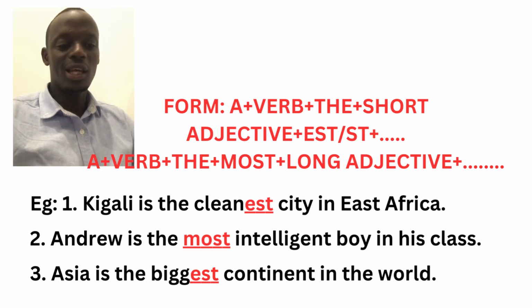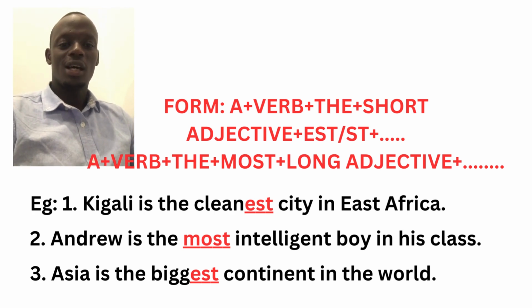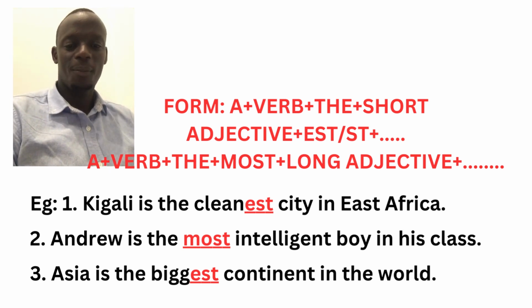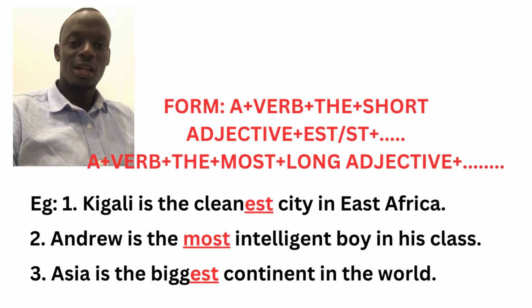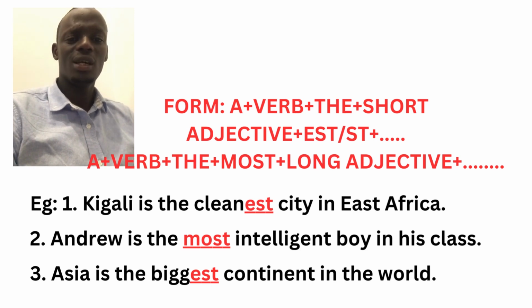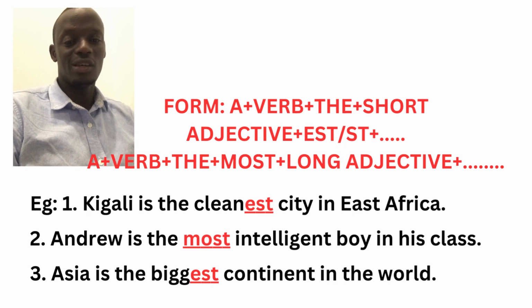And as another example, we say, Andrew is the most intelligent boy in his class. So in his class there are many other boys, but among them Andrew is the most intelligent boy. Okay? Like Asia is the biggest continent in the world. So we have many continents in the world, but Asia is the biggest one.